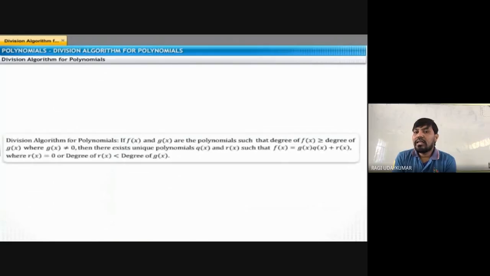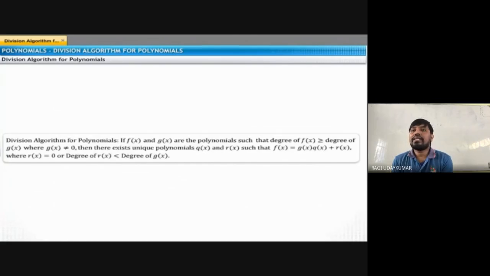So the division algorithm for polynomials says that if f of x and g of x are polynomials such that the degree of f of x is greater than the degree of g of x, actually p of x can be taken instead of f of x, then there exist two polynomials, q of x and r of x, such that p of x is equal to g of x into q of x plus r of x, where r of x is equal to 0 or the degree of r of x is less than the degree of g of x.